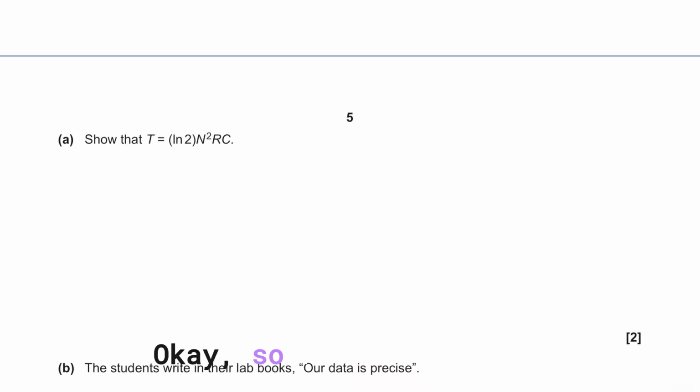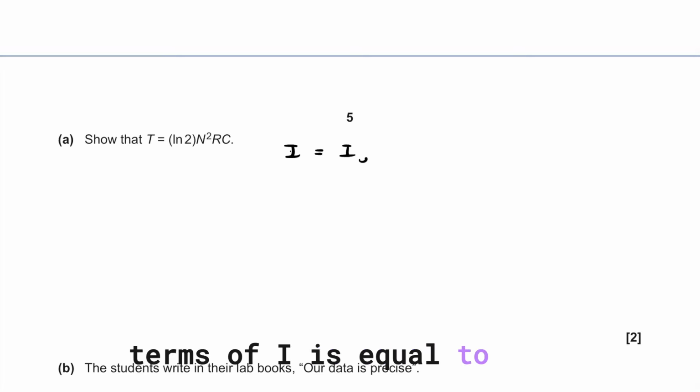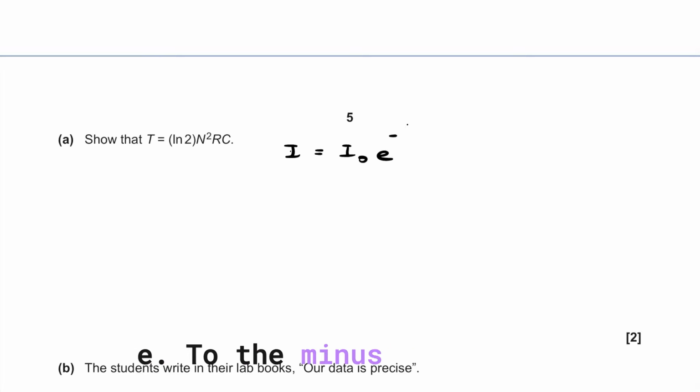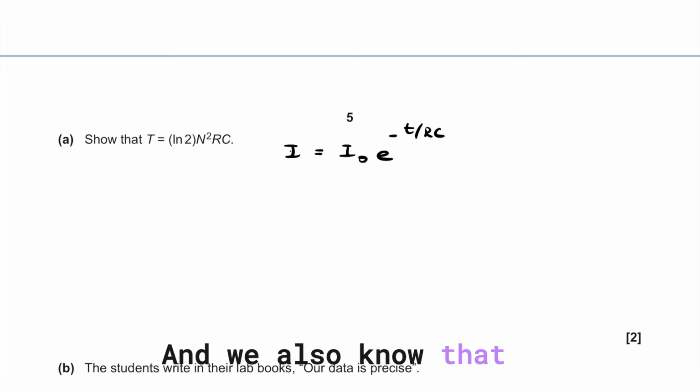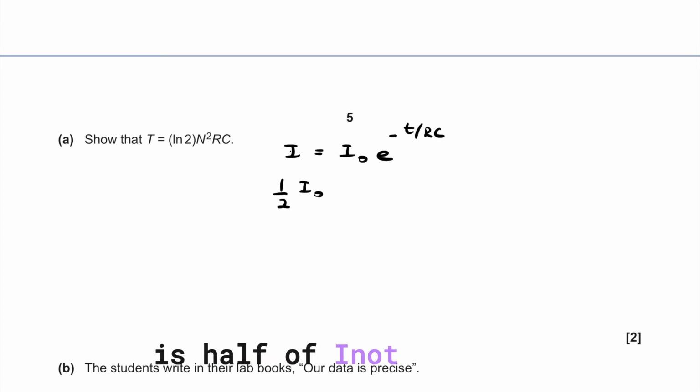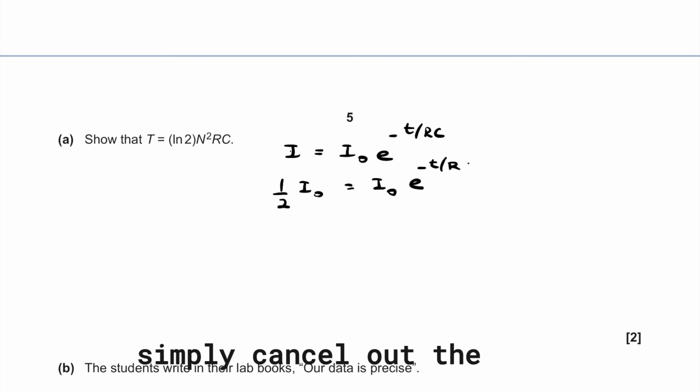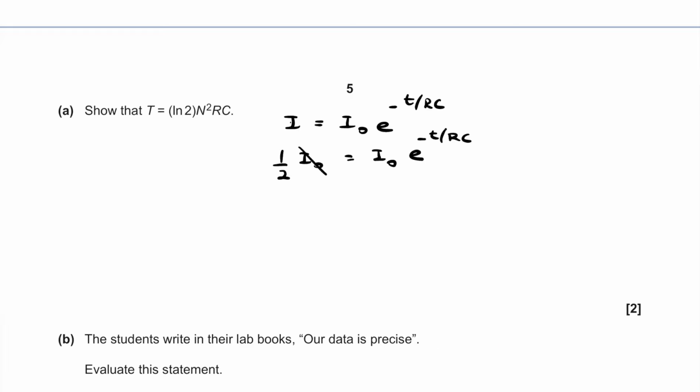Okay, so we know that I is equal to I naught e to the minus t over RC. And we also know that I is half of I naught. Once you simply cancel out the I naughts, you're going to be left with half equals e to the minus t over RC.